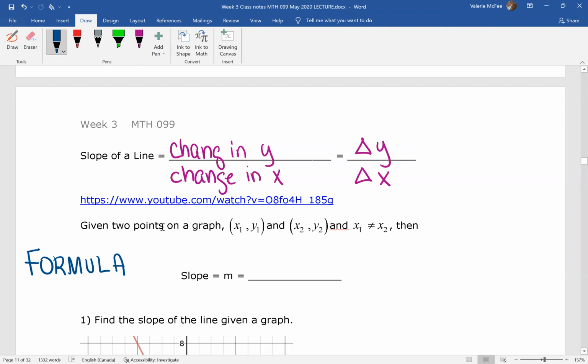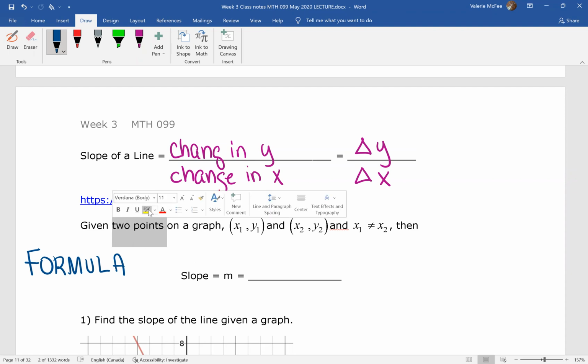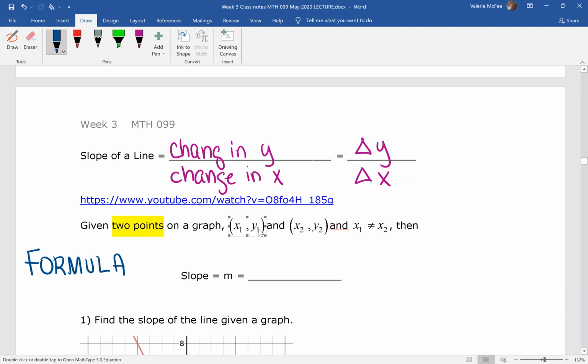So if we're given 2 points, we're going to call one of them x1, y1. The other one is x2, y2. And please note that we're going to say that x1 cannot equal x2. Then we have a formula for slope: y2 minus y1 over x2 minus x1. The change in y over the change in x.